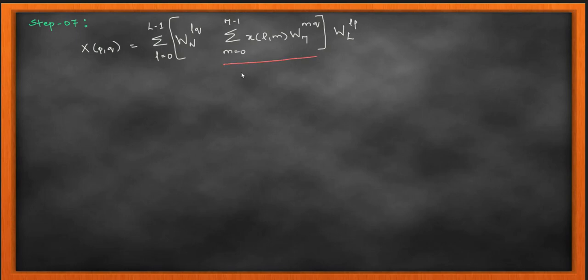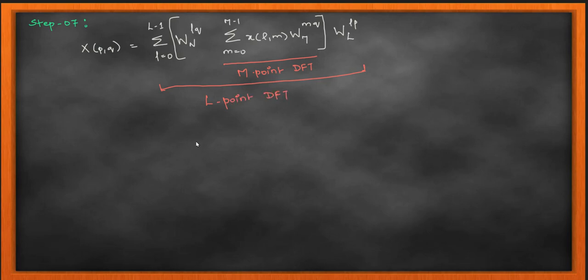Okay, so now what do I have? What I see is my inside summation is my M point DFT, right? And my outside summation is my L point DFT. So your divide and conquer approach is basically doing what?